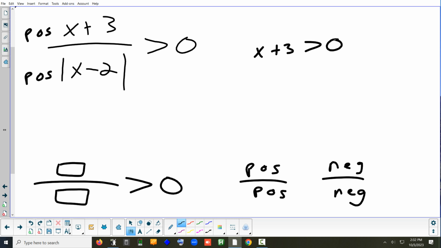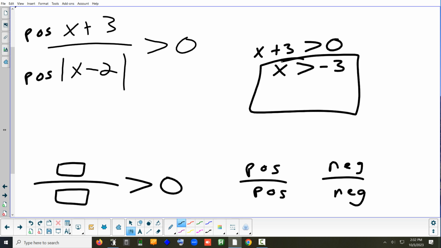When is the top positive? And that would be when x is what? Greater than -3. So x has to be a number bigger than -3 to make sure the top is positive.